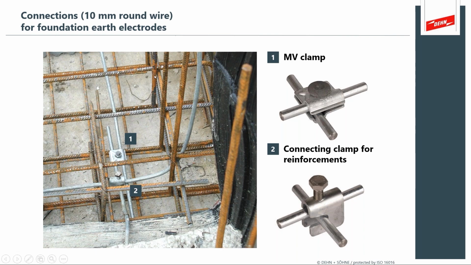So if you're only using these wire straps, you miss the whole point about having a bonded, interconnected earth electrode. If all you had were these wire straps and you had lightning induced into this concrete, you would see a lot of sparking buried in the concrete, which will inevitably cause the concrete to spall and fail.